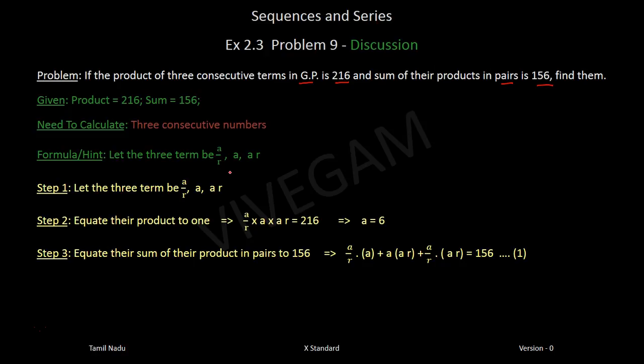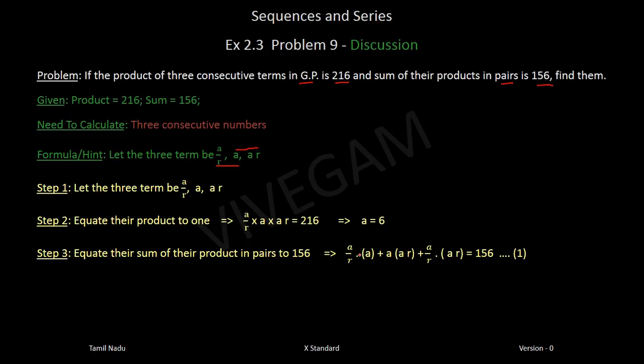Products in pairs means this is one pair, this is another pair, and this and this is another pair. So a by r into a is one pair, a into ar is the second pair, and a by r into ar is the third pair, and the sum of all the three pairs equals 156.